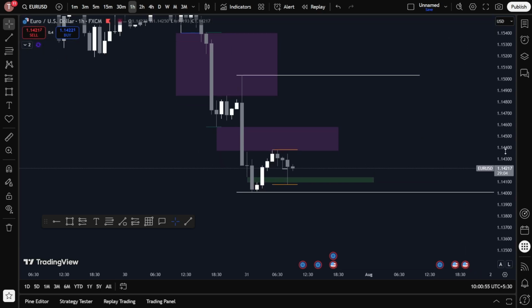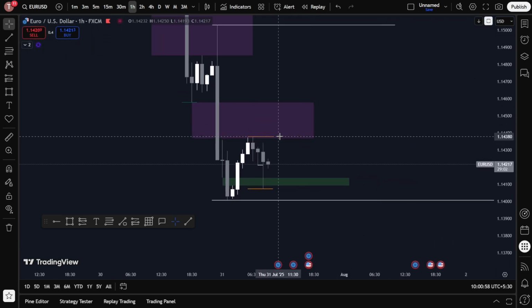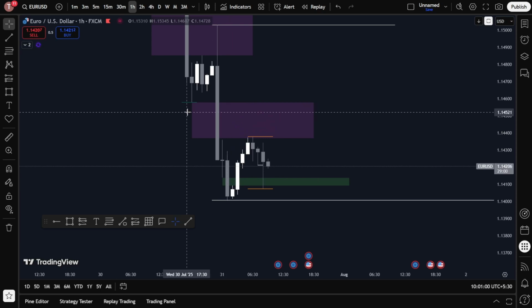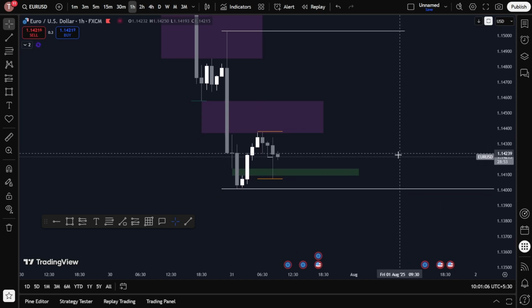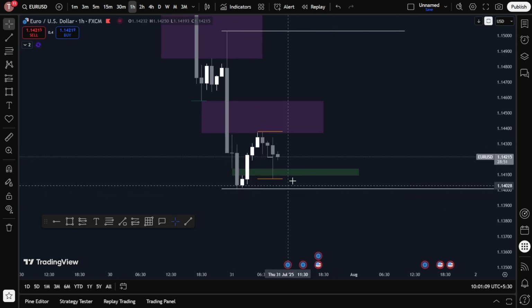As we move into the 1 hour, what we see is that the price mitigated this FVG and then moved into the downward side, and we are having this BPR which pushed the price, and more likely it has already been tested.